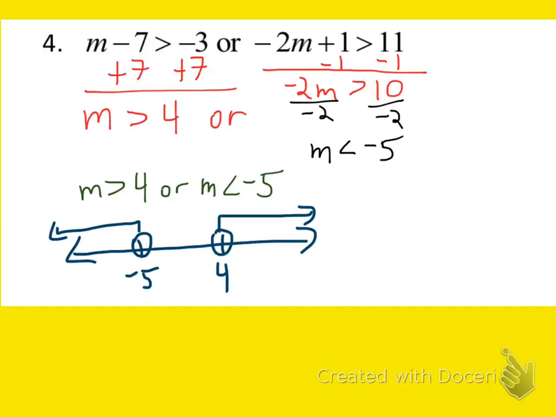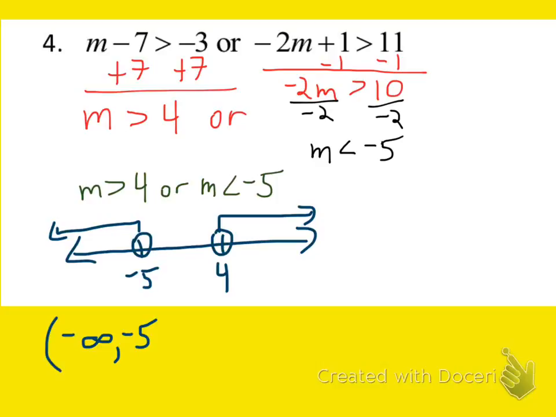So the solution to this, since it's an or problem, is every part of the graph. And what does that mean? Well, if we look over here, since this goes to negative infinity, we want negative infinity, and then it stops at negative 5, but it doesn't include negative 5.